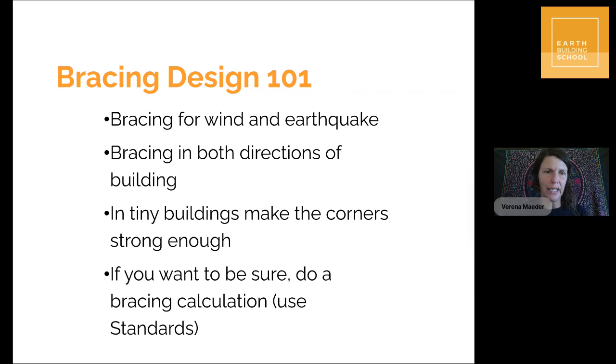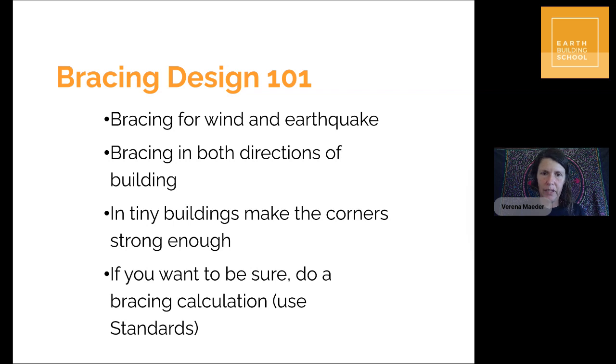In small buildings like a tiny house, it is mainly the corners. So we will keep it simple for the sake of this training and just say you need to have a minimum size corner. But if you want to be sure, if you're scaling up to a bigger building, like a 30 square meter building, you really want to do this bracing calculation.